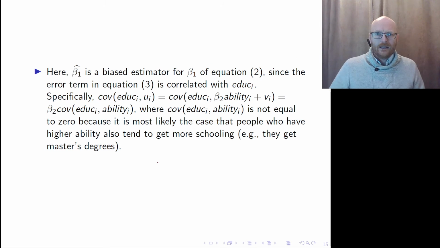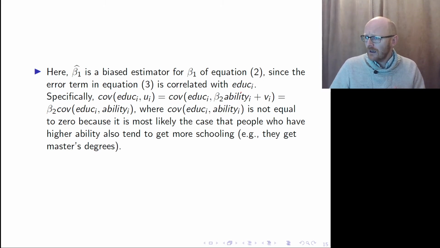Okay, and the beta 1 is here a biased estimator of the true population slope, since the error term is correlated with education, because the error term contains both the effect on y by ability and the original unbiased and uncorrelated residuals.